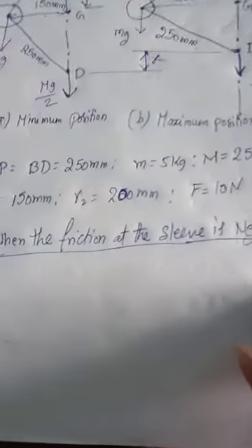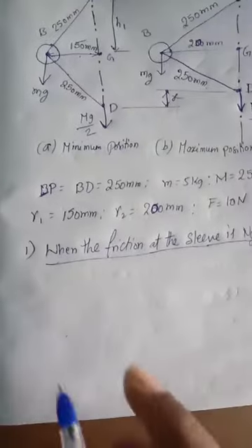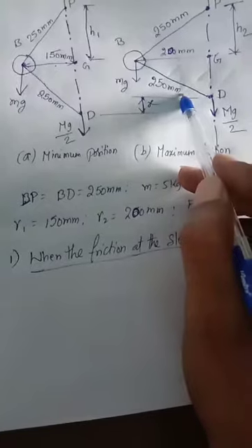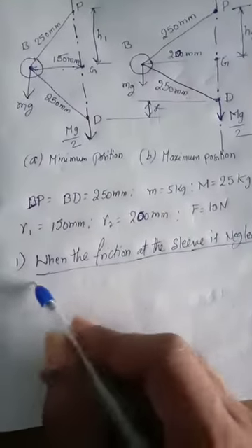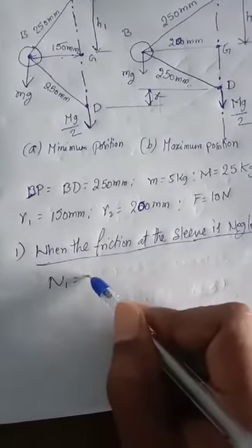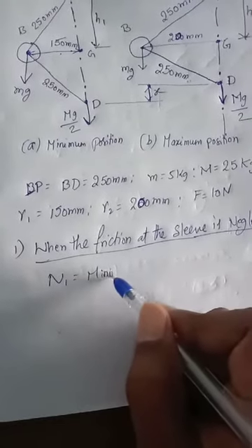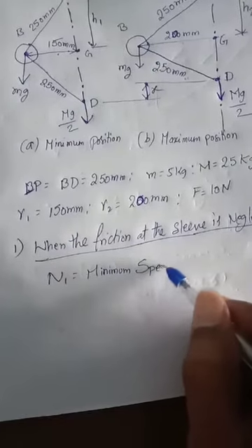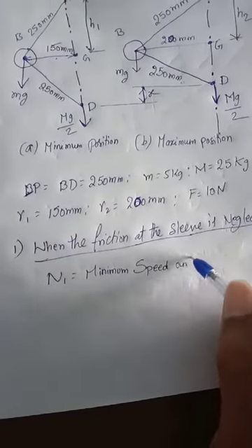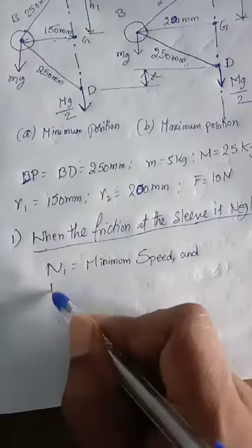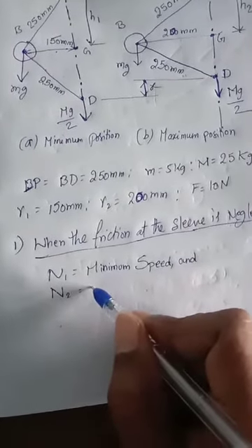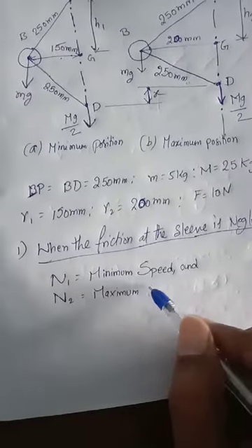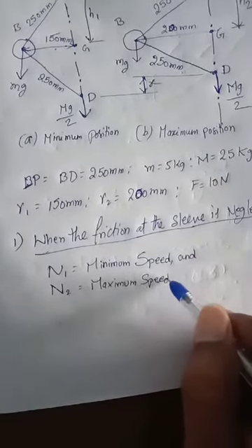The minimum and maximum position of the governor is shown here. Then N1 is equal to the minimum speed, and N2 is equal to the maximum speed.